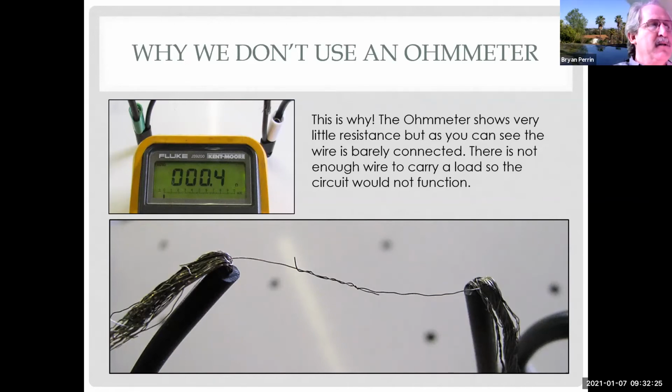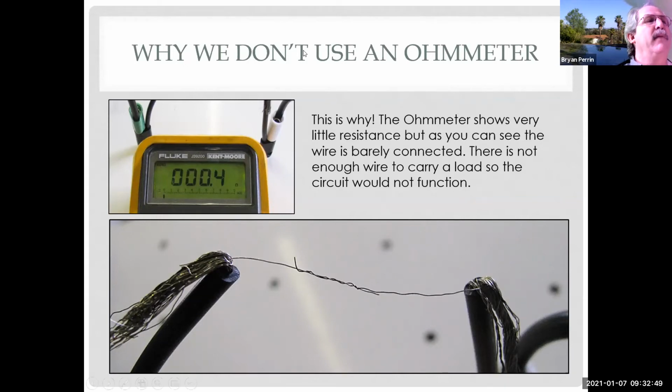But yet I'm here to tell you, we're not going to do much work with that little strand. I'm certainly not going to run a motor with it. I'm not going to have a light bulb light up with it. Our power door locks aren't going to work. None of that's going to happen. But if I follow the factory procedure and disconnect both sides of the wire and put up my ohm meter, it's going to say it's good.